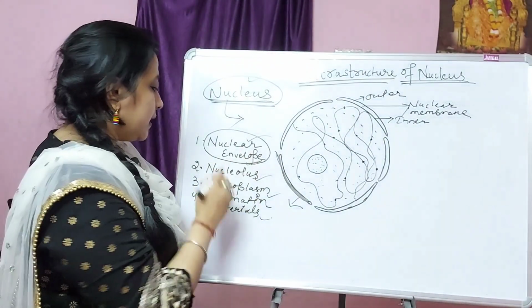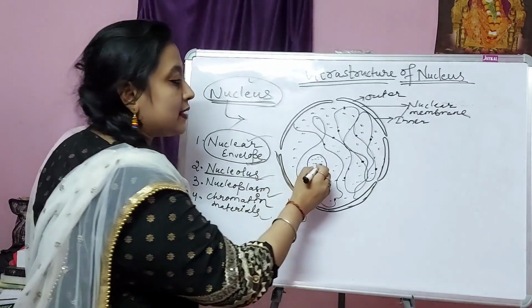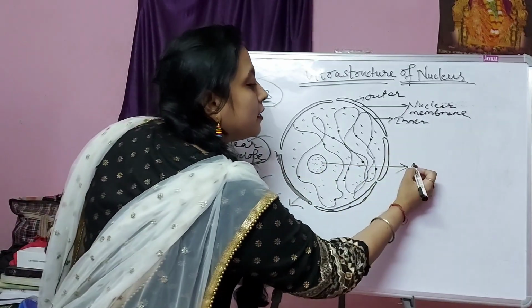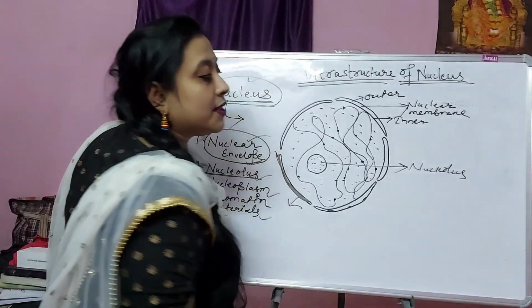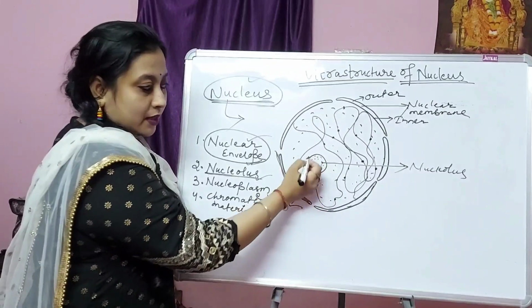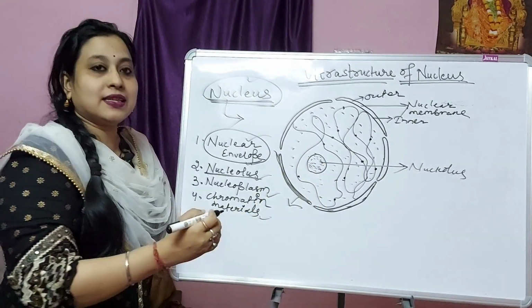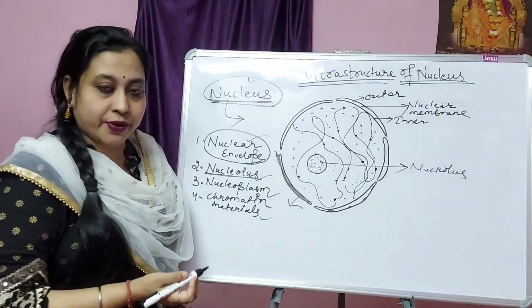Got the point? Next, the nucleolus. If you see, this part is called the nucleolus. It is a dense spherical structure. This is a naked structure, not covered with any kind of membrane.